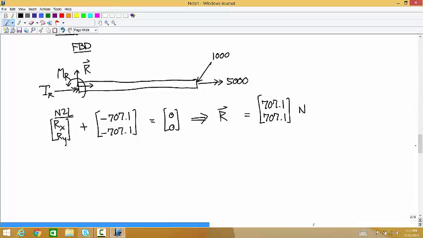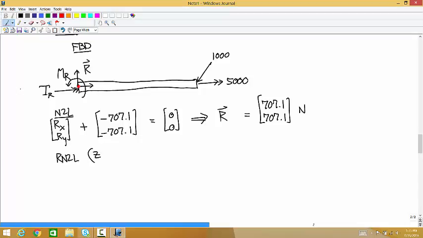Now I'm going to break up the moment equation into a z equation and an x equation. We're most used to using the z equation, so I'm going to do that first. So the rotational Newton's second law about the z-axis. We can choose whatever we want as the about point.